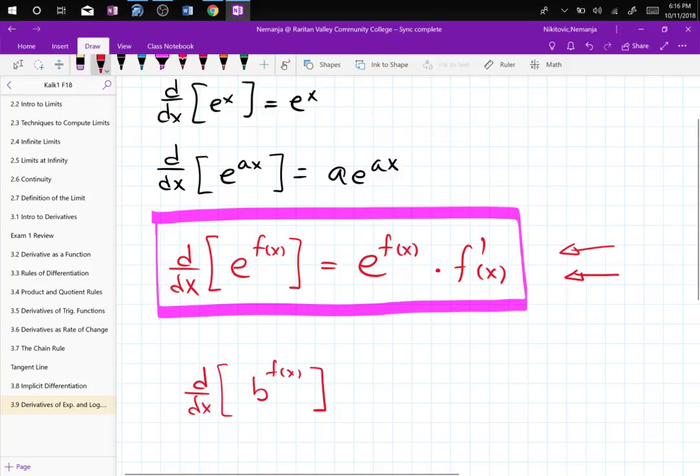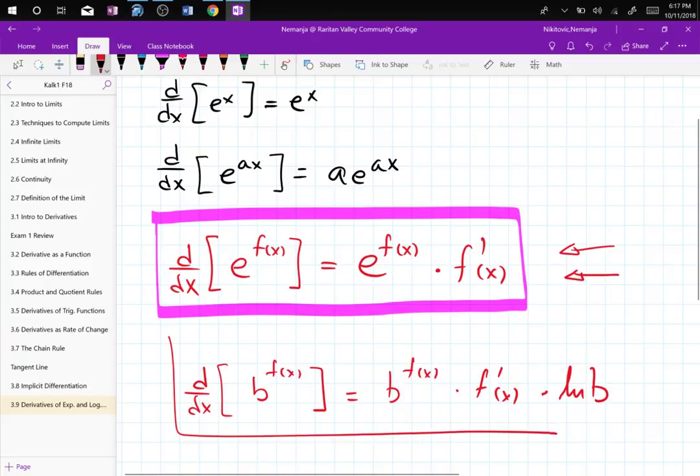So now you can have 3 raised to sine, and you'll be fine. All right? The answer over here is b to the f of x times f prime of x times ln b.